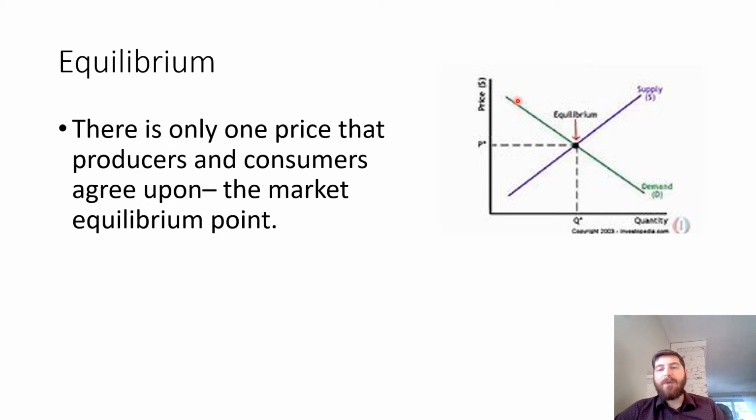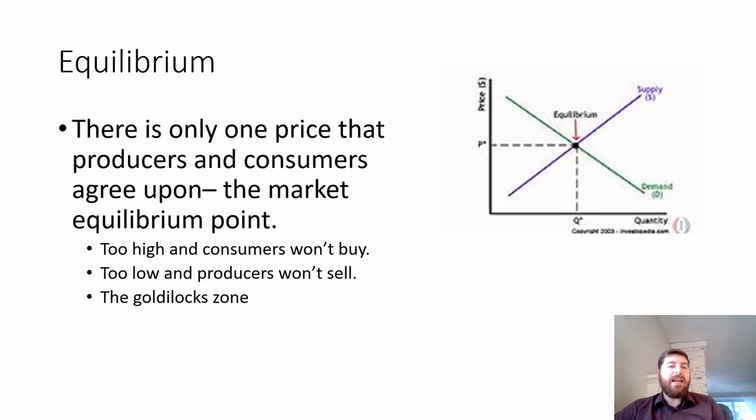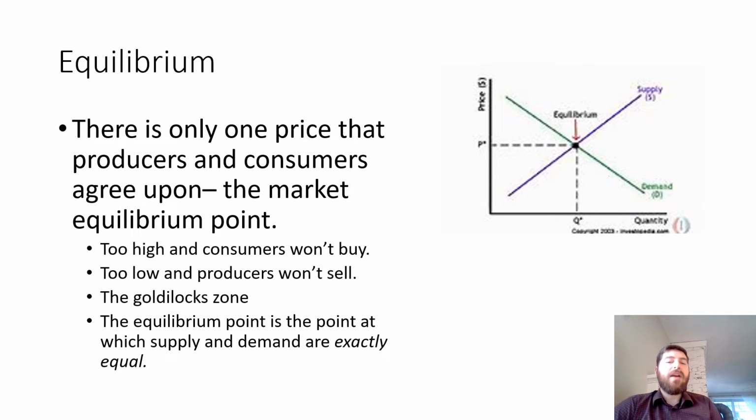So almost no matter what the price, you will find some people buying and some people selling. But if you get way to the edges, that's going to be very few people buying over here or very few people selling over here. So market equilibrium is really the point at which supply and demand are exactly equal, where the suppliers are making just as much as people want to buy, no more, no less.